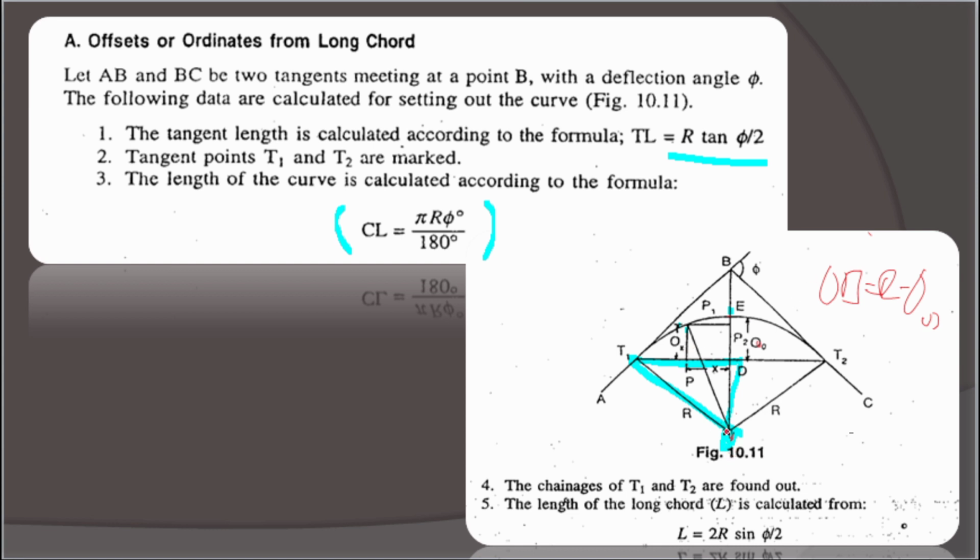So the distance, let me start here. The distance OD squared, the distance from here to D, plus the distance T1 to D squared, will be equal to the distance T1 to O, or O to T1, either way.